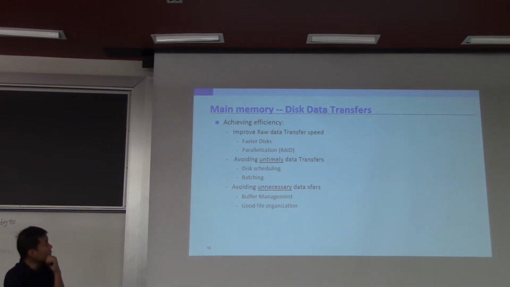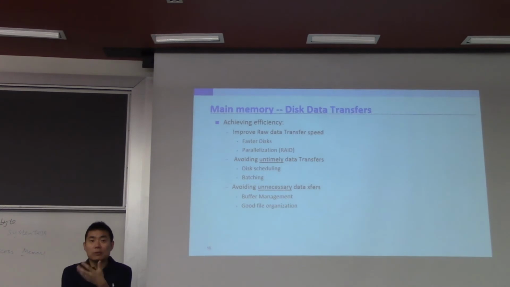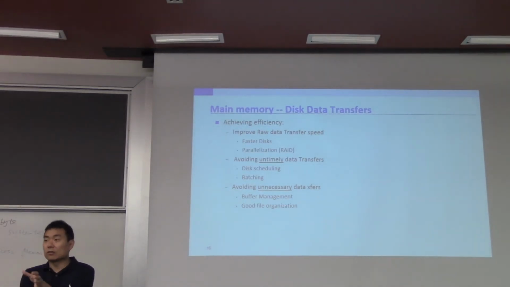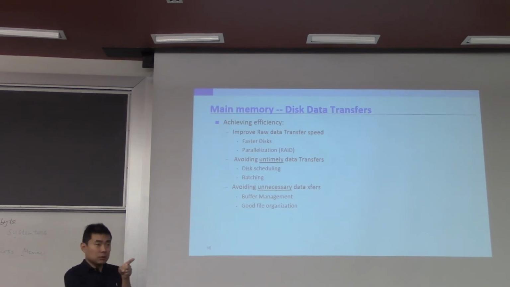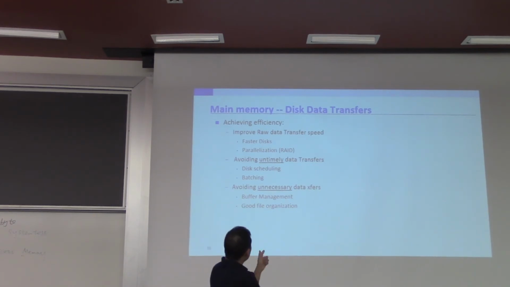Well, there are a couple of things you can do. One is to improve raw data transfer speed, meaning from a hardware manufacturing point of view, I can somehow produce faster disks. I will talk about where that comes into the picture later on. There's a really important parameter you should watch out for when you buy a new hard drive next time.